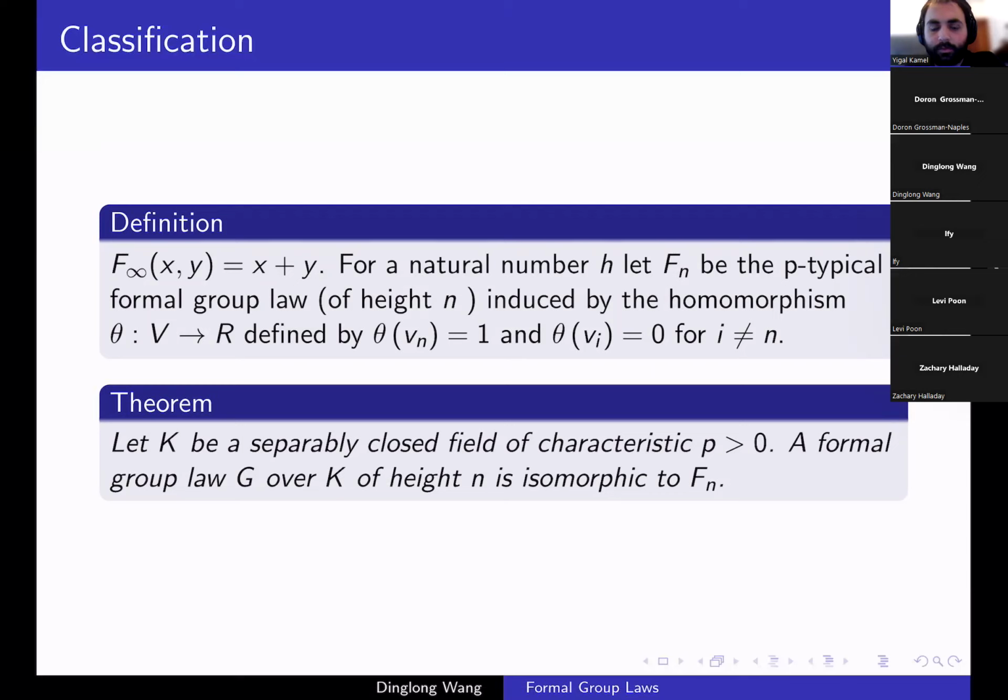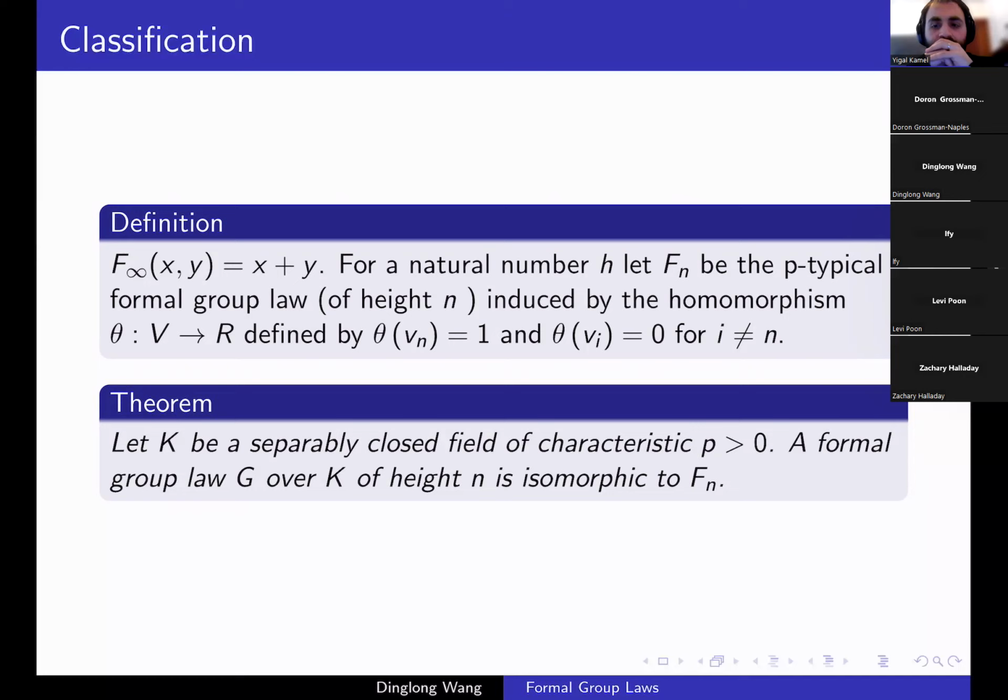The formal group law of infinite height is just the additive formal group law, and the formal group law of height n is induced by the homomorphism theta from V to R, defined by theta of Vn equal to 1 and theta of Vi equal to 0 for i not equal to n.